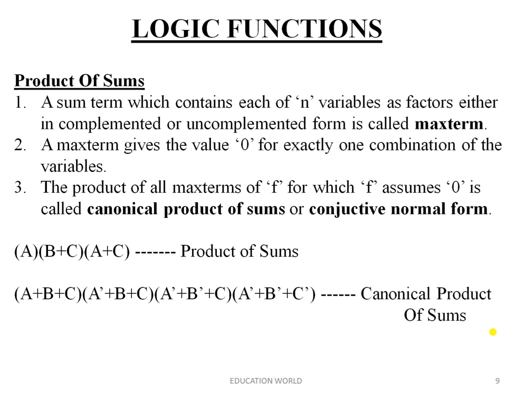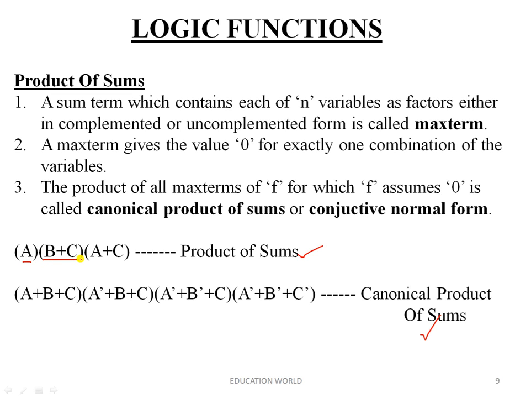Now we will see the difference between product of sum and canonical product of sum. We see these two examples of three variables a, b, c. In the product of sum, it is non-mandatory to contain all the variables. If we see a, then it is non-mandatory to contain b and c along with a.